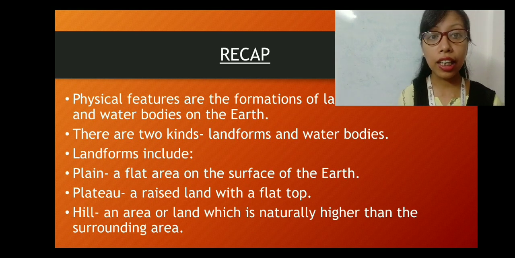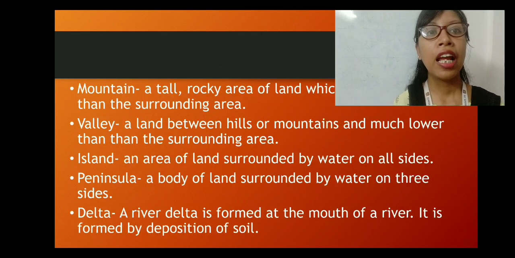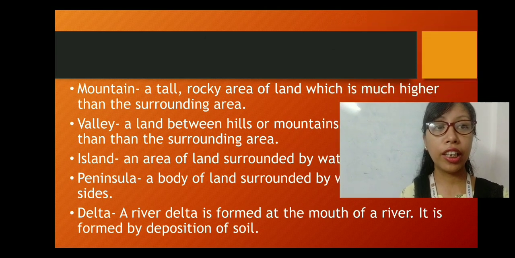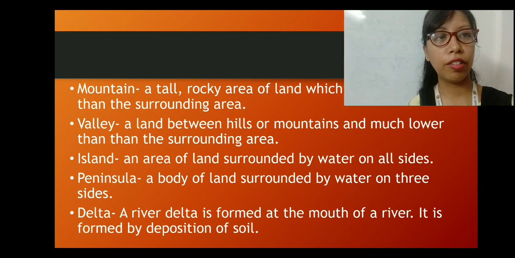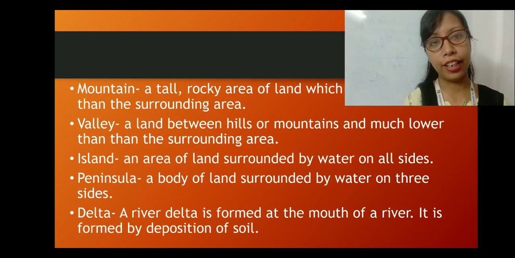Then we have hill, an area of land which is naturally higher than the surrounding area. Then we have the mountain, which is a tall rocky area of land which is much higher than the surrounding area. If you compare hill and mountain, mountain is much higher than the hill.